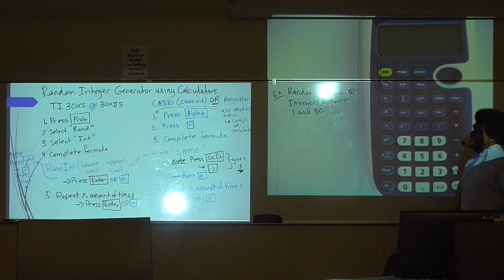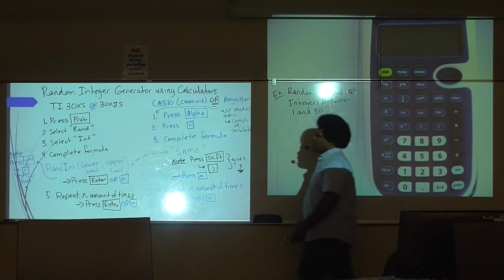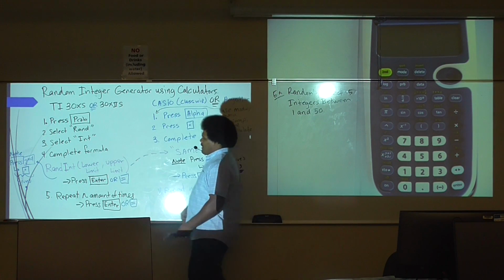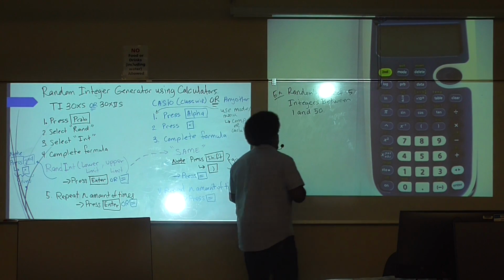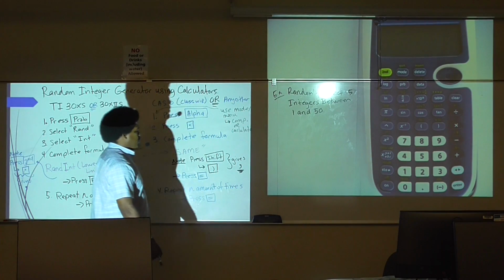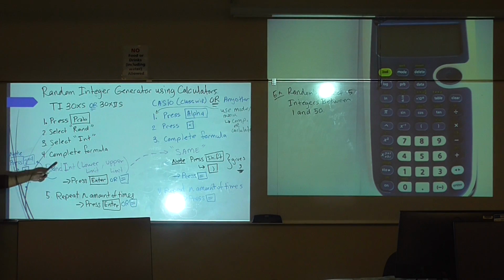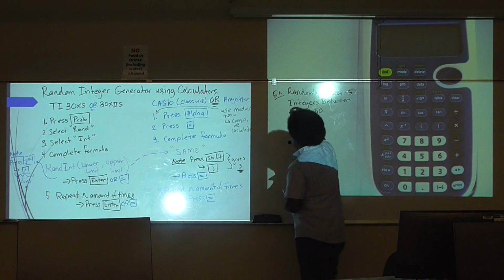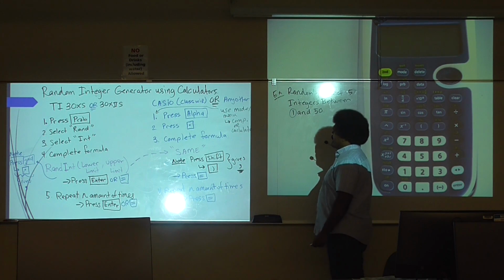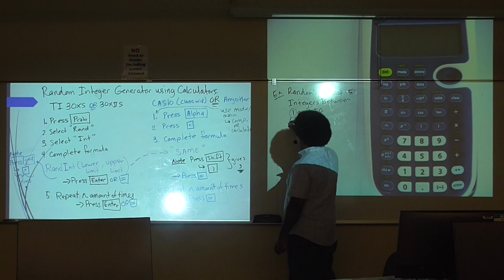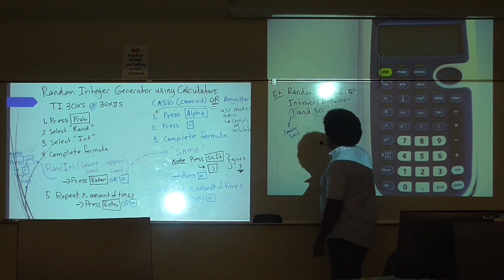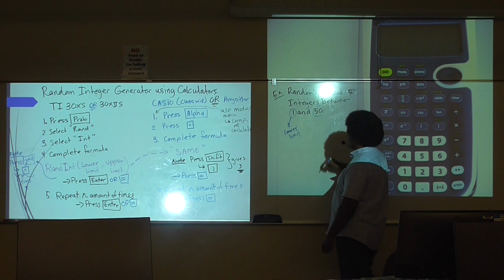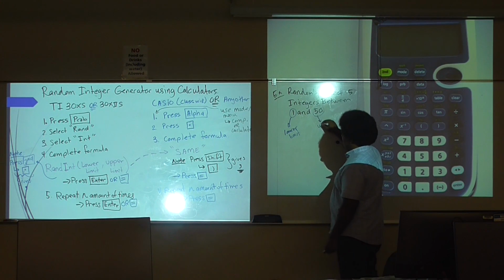So, pretty much the formula that we use is over here. The ultimate goal is to get a formula that looks something like this. We have to figure out what the upper and lower limit are and how many times we are doing this. The smallest integer provided to us is the lower limit, while the largest integer is the upper limit.